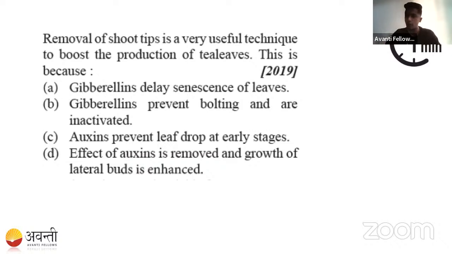Because of the effect of the auxins, it will start boosting the production of more and more leaves below it. Understood? That is why, when the shoot tips are taken out, the leaves below them produce a lot of auxins, which will enhance the production of more and more leaves in the coming days. So our option would be: the effect of auxins is removed and the growth of lateral buds is enhanced. Okay, so that is our option.